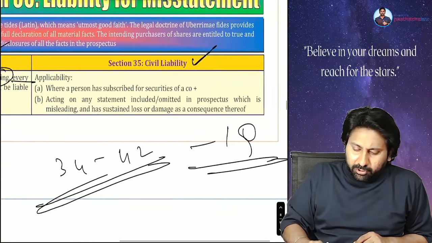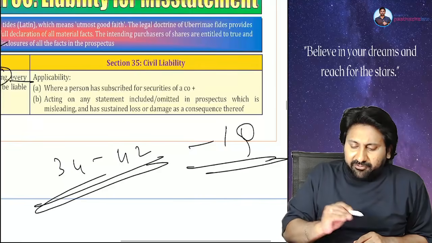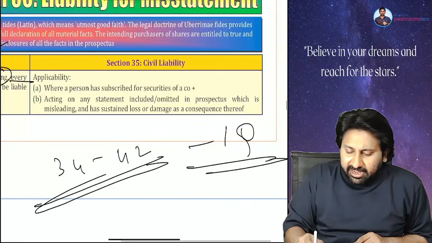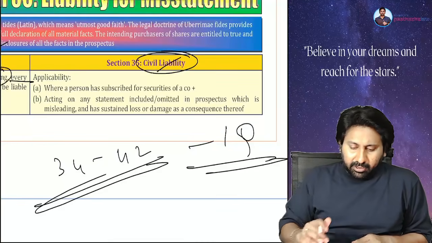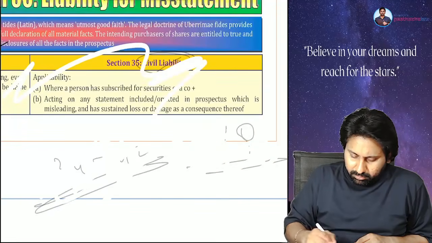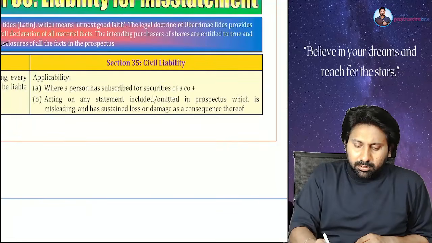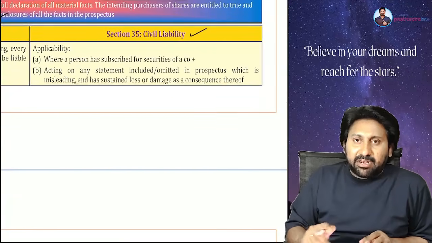Now we are coming to 35. What is 35? 35 is talking about civil liability.